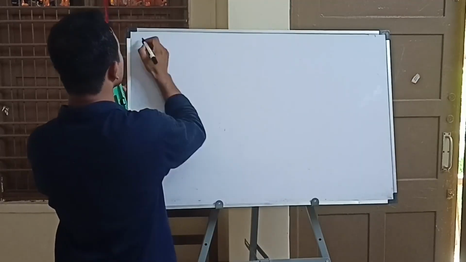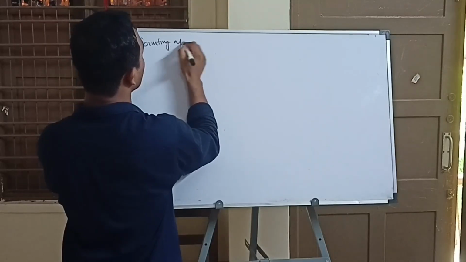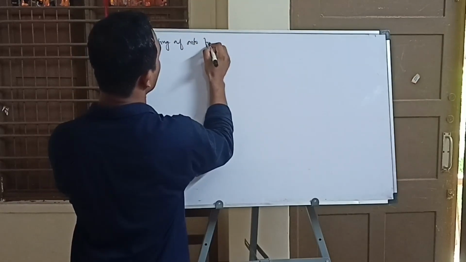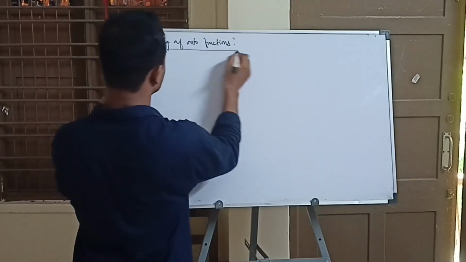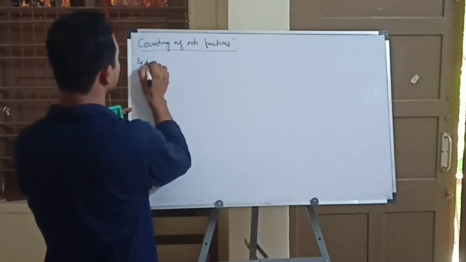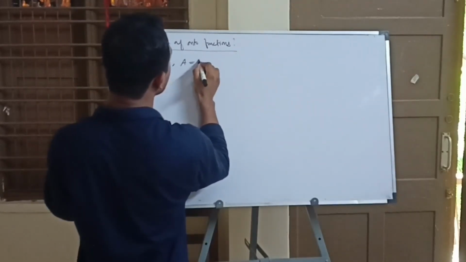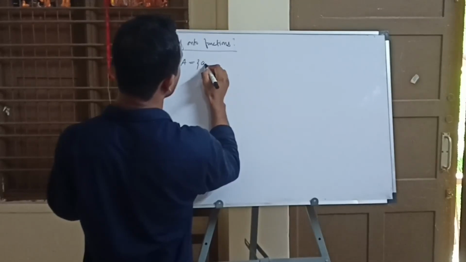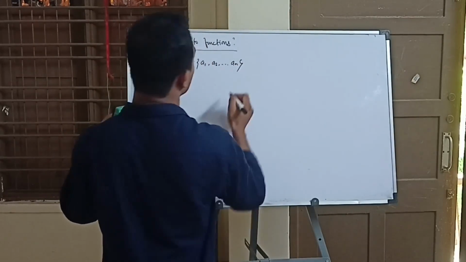Let's move to another topic. Counting of onto functions. Onto functions. Correct? Okay, let me give one example. Example 1. Let A be a set with n elements, suppose A1, A2 up to An.